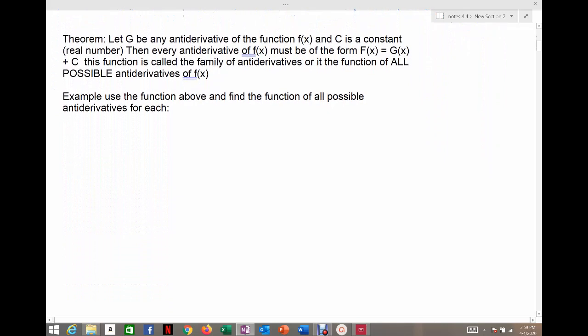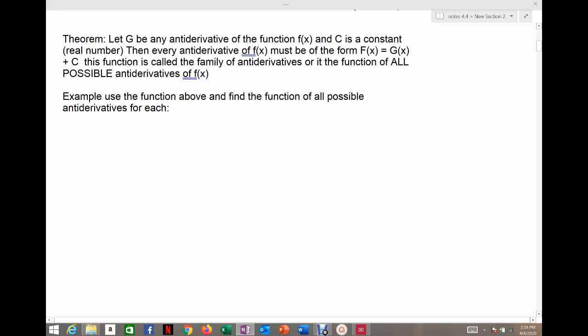Alright, so let capital G be any antiderivative of the function lowercase f of x. C is a constant. A constant just means it's a real number value. Then every antiderivative of f of x must be of the form capital F of x equals G of x plus some C. This is called the family of antiderivatives, and what that means is that it's all possible antiderivatives of my function.